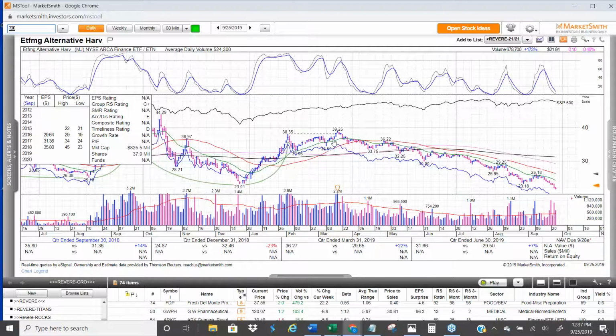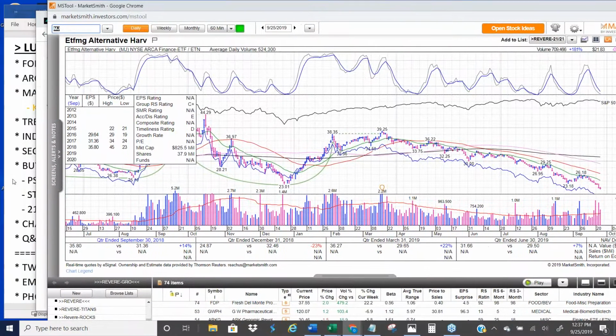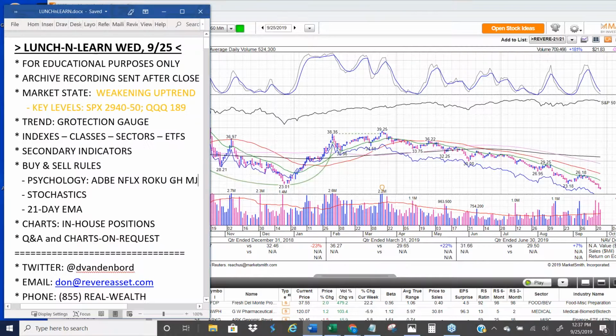The fact of the matter is that this has rolled over, and look how it tries. Every attempt to get back above the declining 21-day exponential moving average is met with people hitting the exits. It's that simple, and that's why the 21 is so important to us in-house here. So that's an example of using the 21 in psychology.